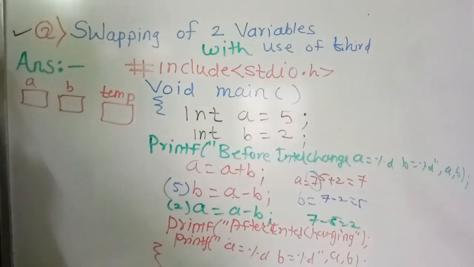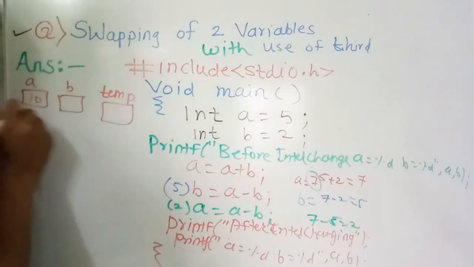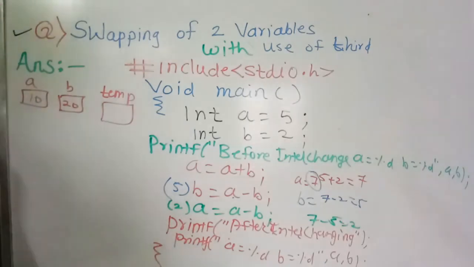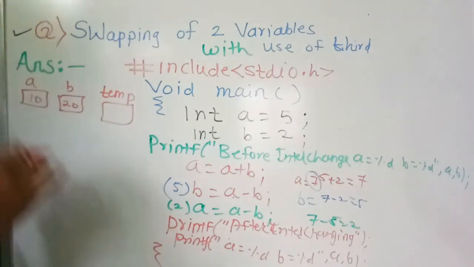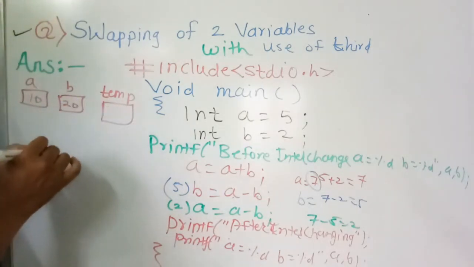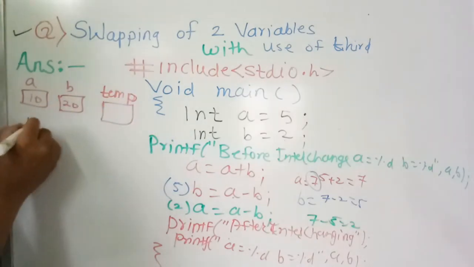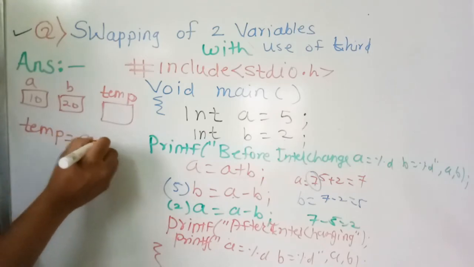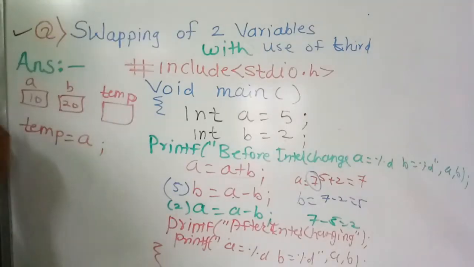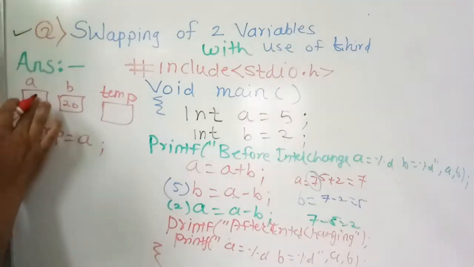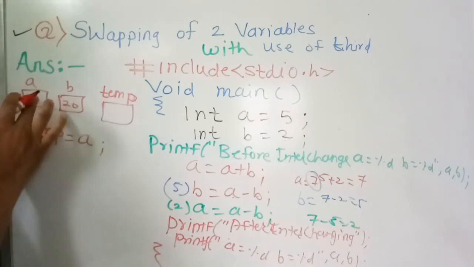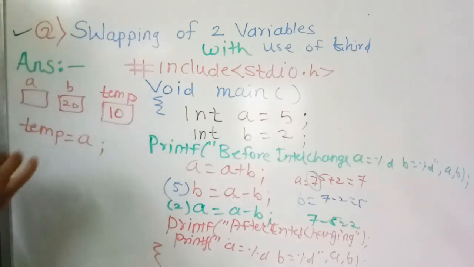How does this variable perform the actions? For example, A is 10, B equals to 20. Now, I will give some steps. temp equals to A. Now temp equals to A means this A's value is copied to temp.